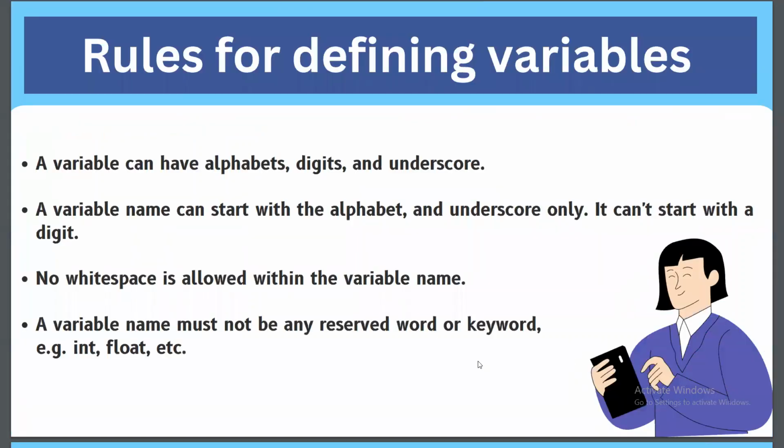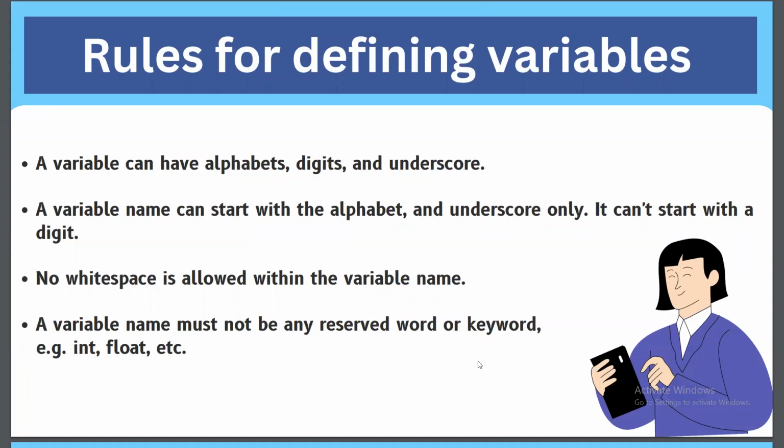Here are the rules for defining variables. First, a variable can have alphabets, digits, and underscore. It means we can take a combination of alphabets, digits, and underscore. Second, a variable name can start with an alphabet or underscore only. It can't start with a digit. We cannot start our variable name with a digit.